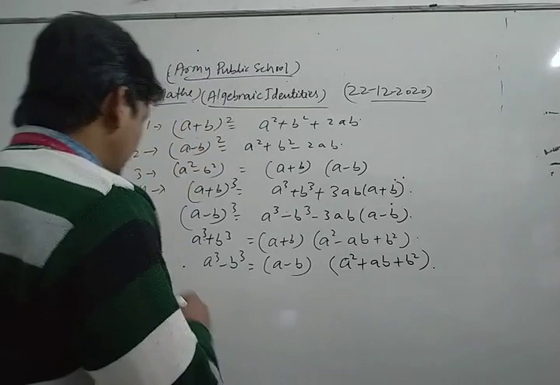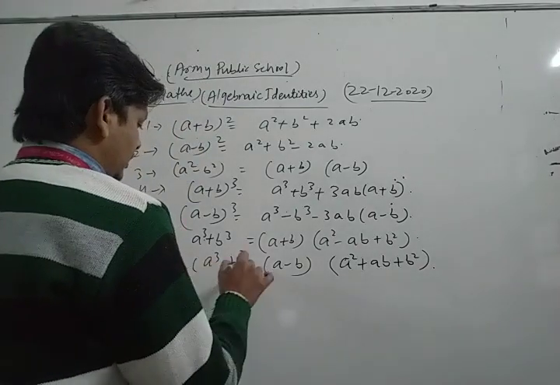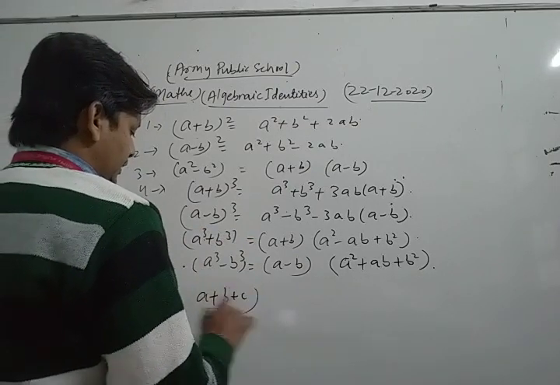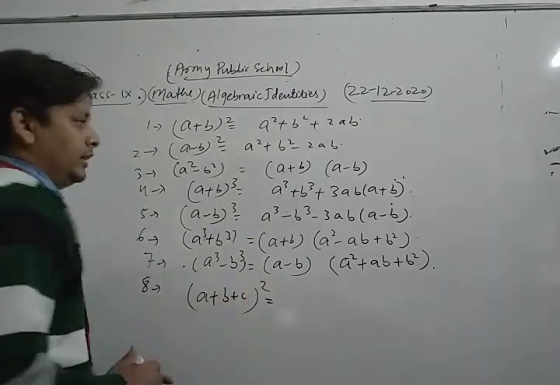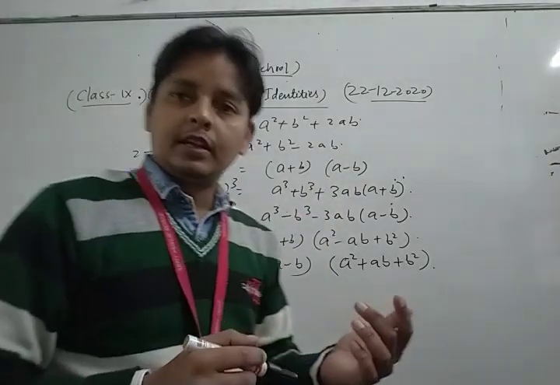Now the eighth one is a plus b plus c whole square. This is a very important identity which is in your syllabus.